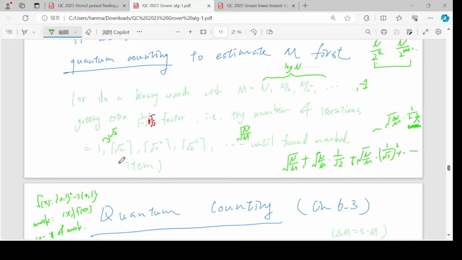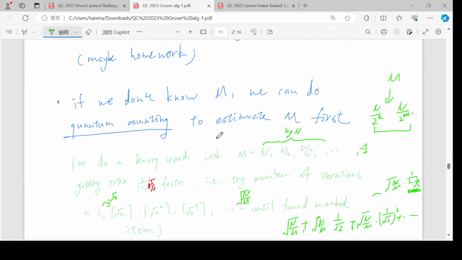You increase your number of Grover iterations exponentially, and each of them gives a constant probability, so you get a constant probability of actually catching your marked item, no matter what number of marked items you have. Because this sequence is increasing exponentially, the extra amount of time you need to run is like a sum of a geometric series, and it converges, so you only get an extra constant factor.